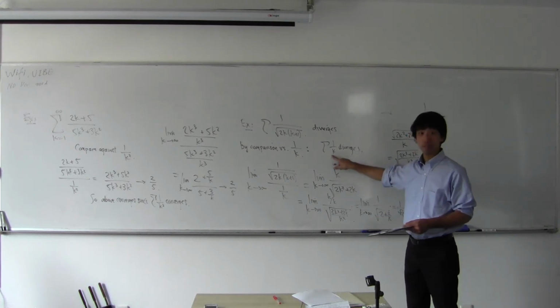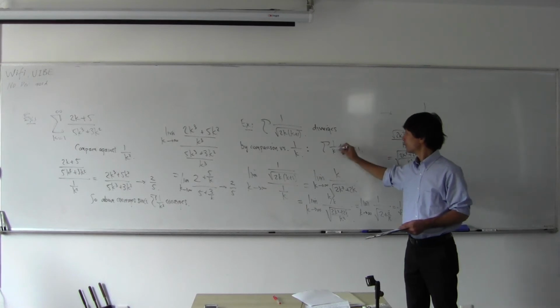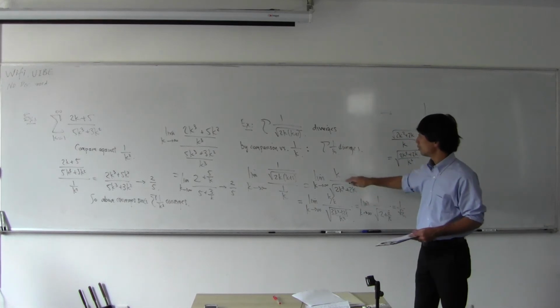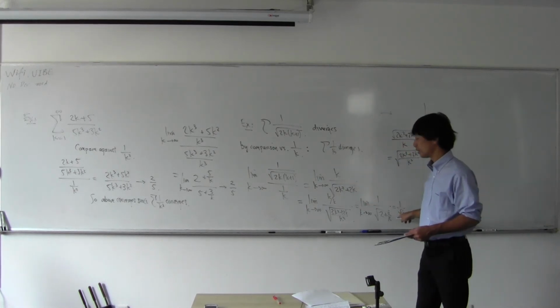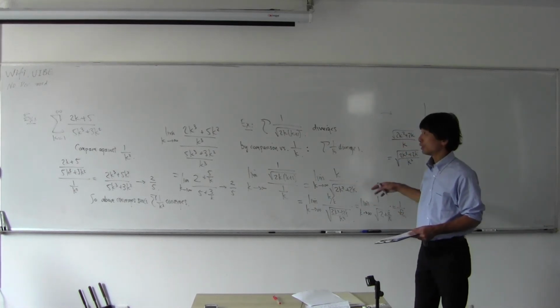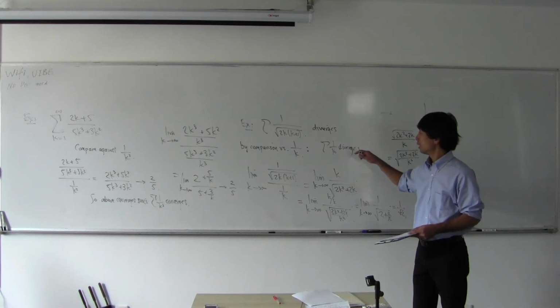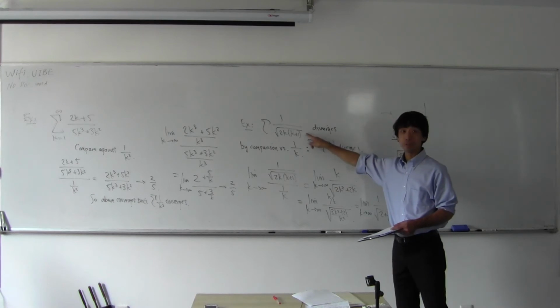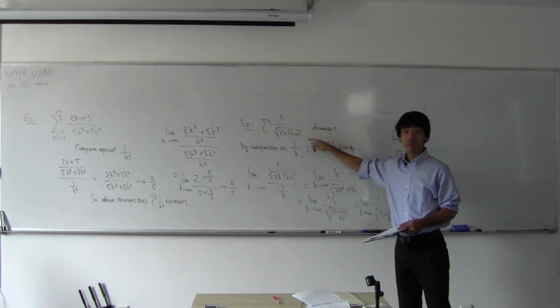Sum over 1 over k diverges, and we just compared them and we got a positive number. So limit comparison test says if this diverges, this diverges. If this converges, this converges.